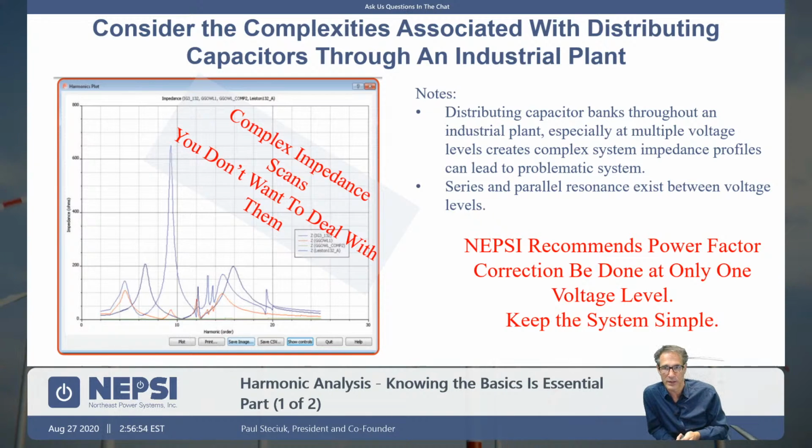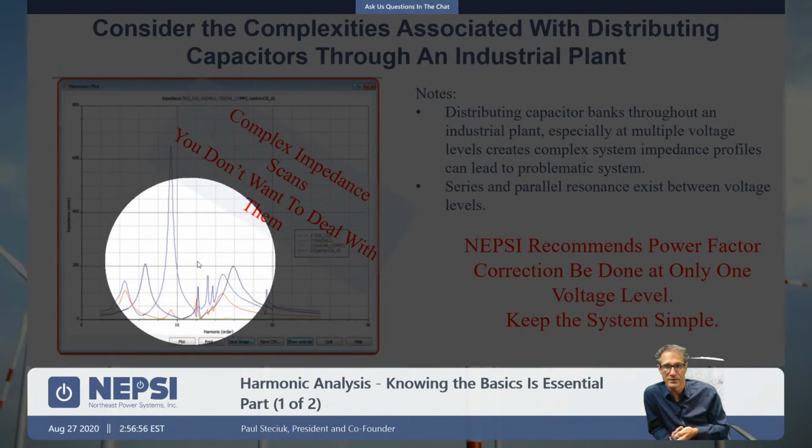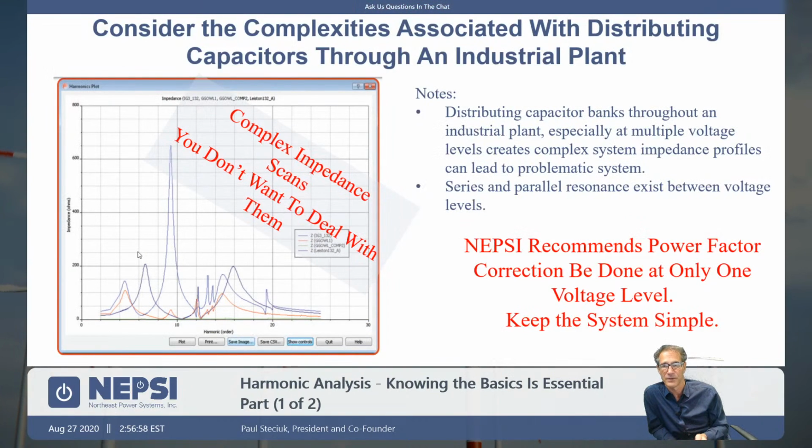If you do a harmonic analysis and your impedance scan looks like this, it's very difficult to fix. You're lost as to what's causing the resonance and how to fix it. So the easiest way to get a grip on your analysis and your results is to minimize the number of capacitor banks you have in your network, and that will help you control what's going on.